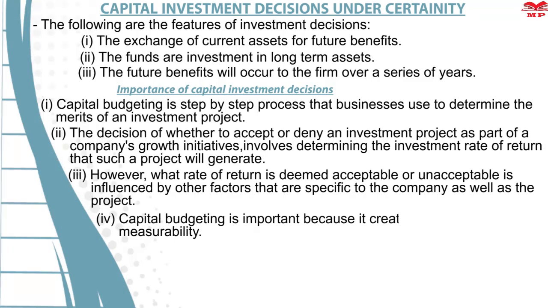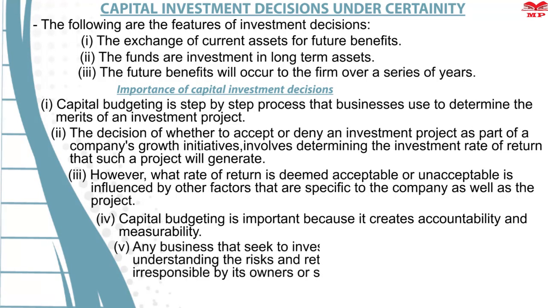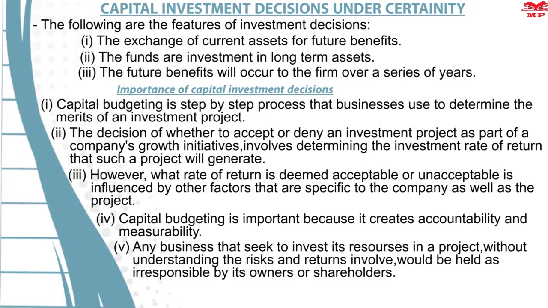So capital budgeting is important because it creates accountability and measurability. Any business that seeks to invest its resources in a project without understanding the risks and returns involved would be held as irresponsible by its owners or shareholders.